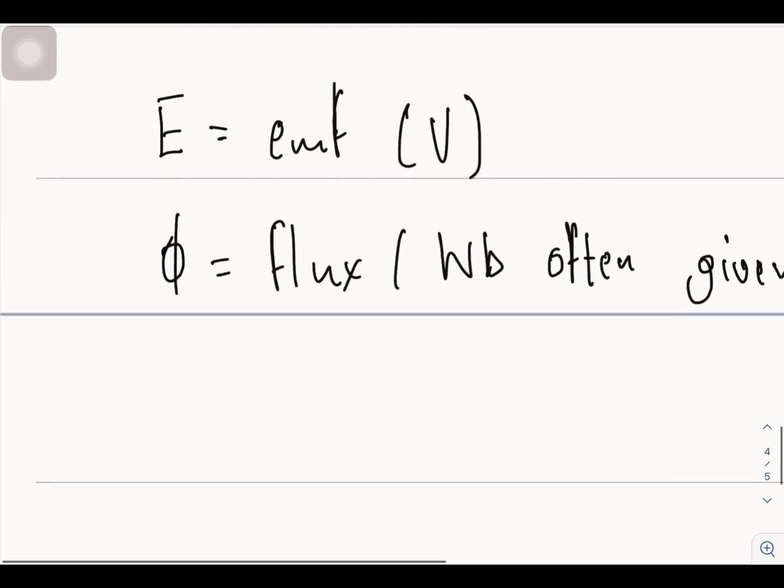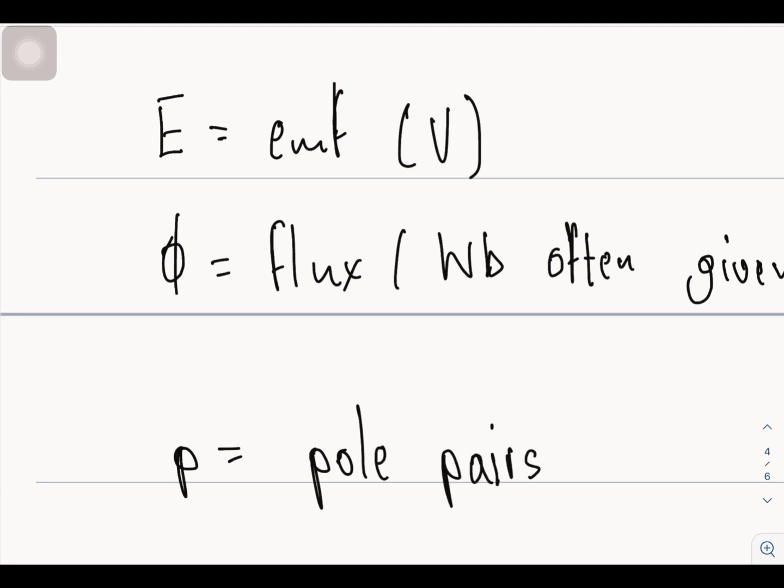Then the next one is pole pairs. Guys, notice I'm saying pole pair. A pair is something that comes twice.